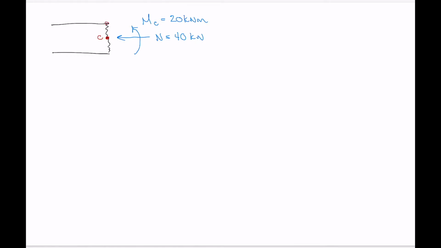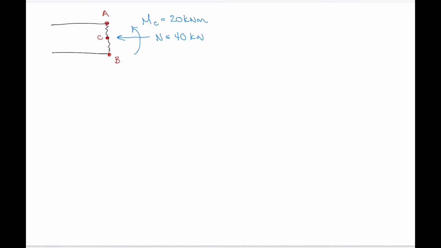And we've got point A at the top of the cross section and point B at the bottom of the cross section. So what I want to look at is what stresses these two internal forces cause over the cross section.